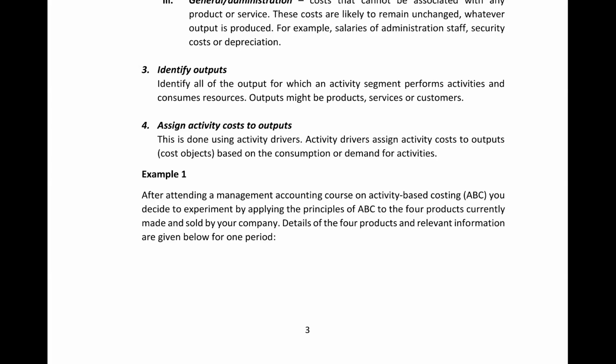Okay. So I'm reading question number 1. It reads, after attending a management accounting course on activity-based costing, ABC, you decide to experiment by applying the principles of ABC costing to the 4 products currently made and sold by your company. The details of the 4 products and the relevant information are given below.